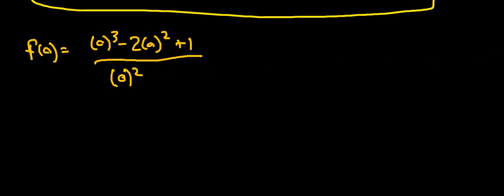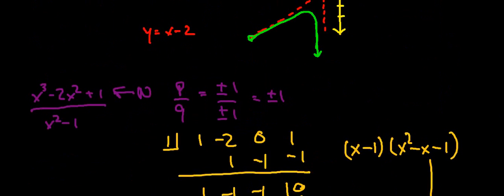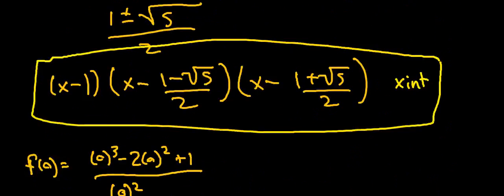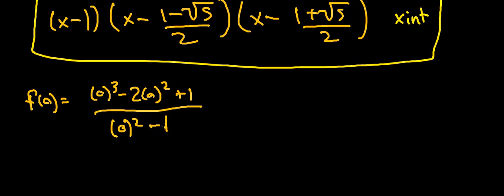Is it minus or plus 1? Yeah, minus 1. So all this is going to be 0, that's going to be 0, that's going to be 0, so we get plus 1 divided by minus 1 is minus 1. And this is the y-intercept.